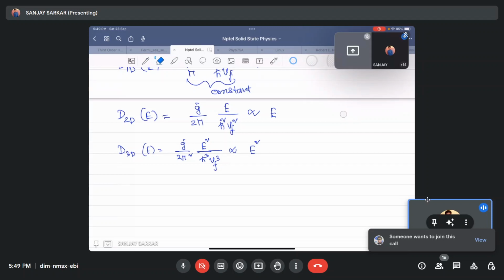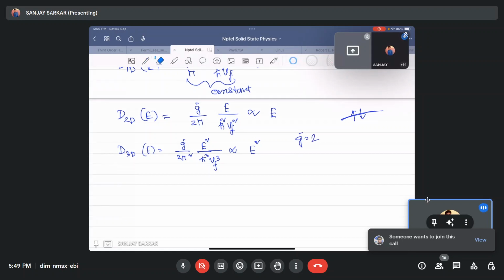You know the Pauli exclusion principle: in one state, two electrons can stay, one with spin up and one with spin down. So we are calculating the density of states, and that's why we have introduced this g bar, which is equal to 2 for electrons.